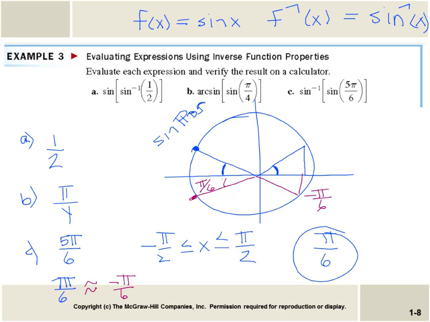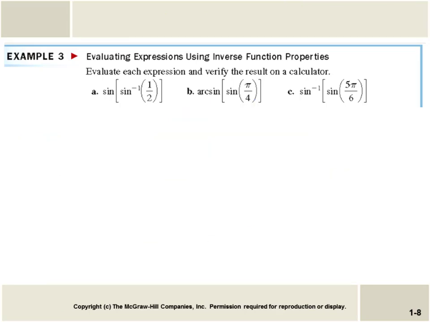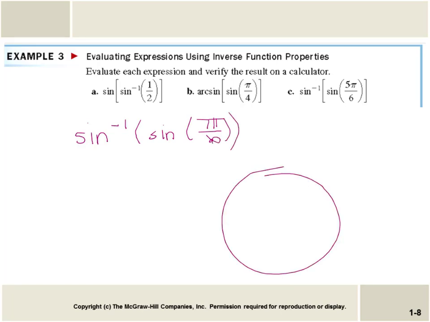Minus pi over 6? Okay, so if I asked for the inverse sine of the sine of 7 pi over 6, I want to look at my circle. 7 pi over 6 is here in quadrant 3, right? With a reference angle of pi over 6.